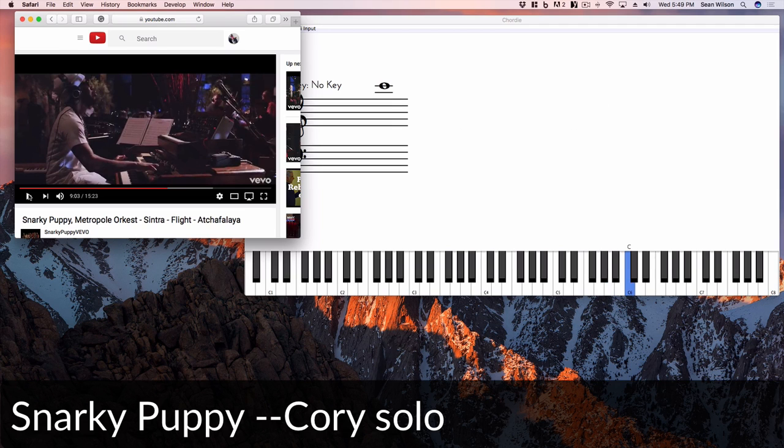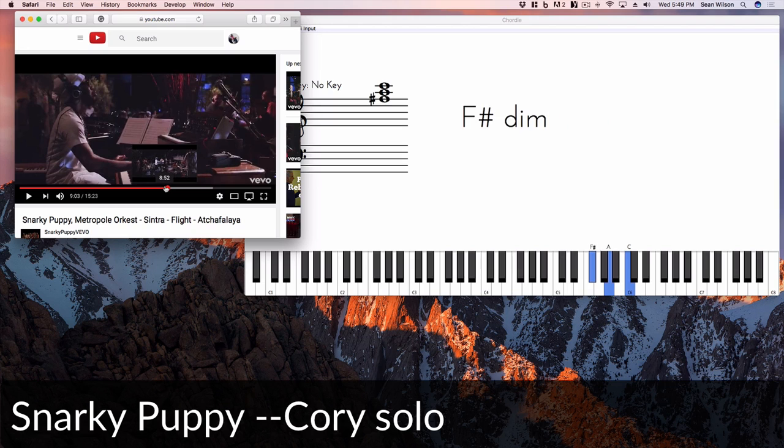So the relationship between the C and the A is a minor third. The next note that he emphasizes is going to give me a lot of things to work with, depending on what that next note is.